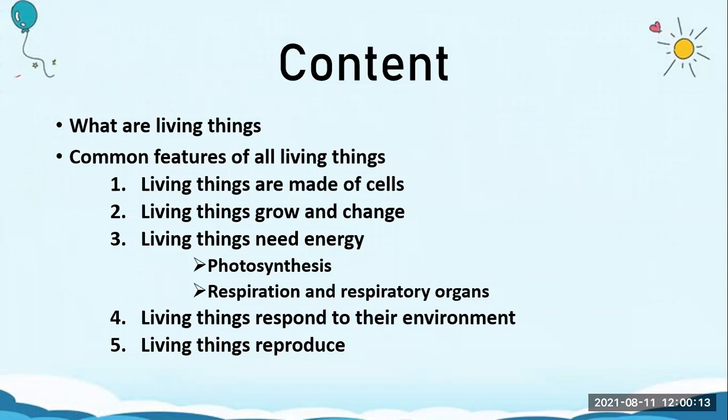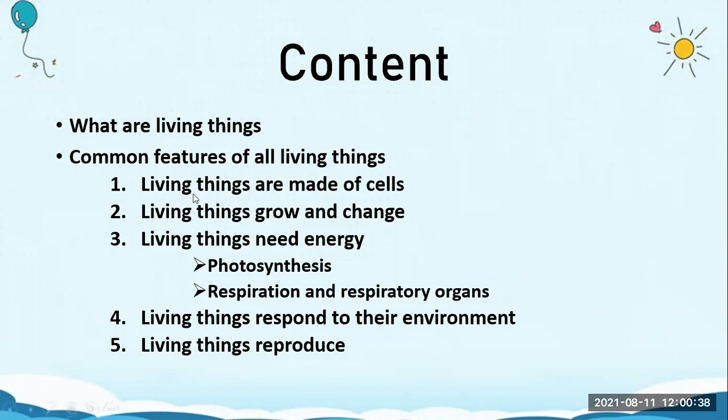No, plants cannot move from one place to another. So here we are concerned with common features, which make anything living. So we'll not learn about movement over here because movement is not a common feature. It is in animals, not in plants.